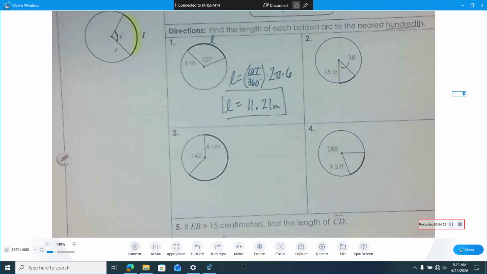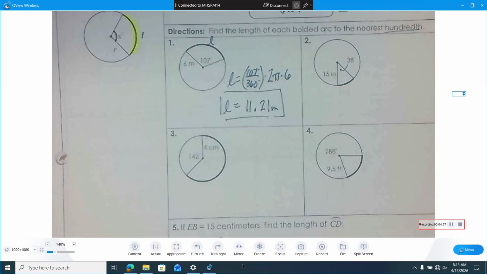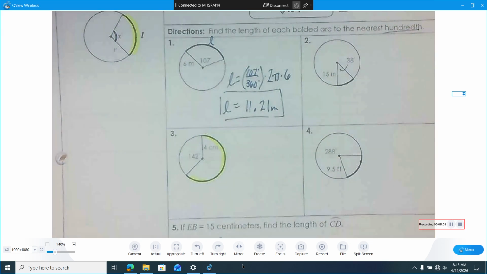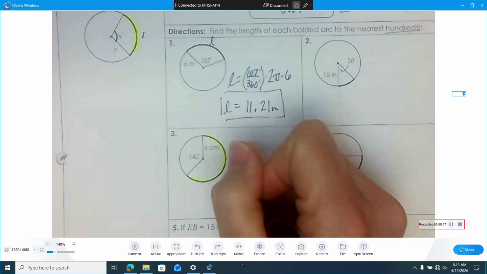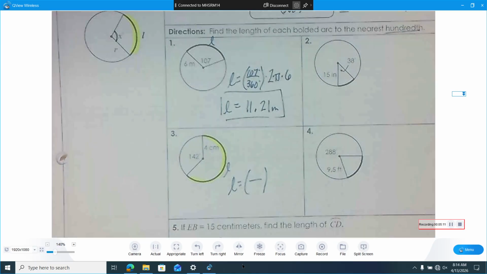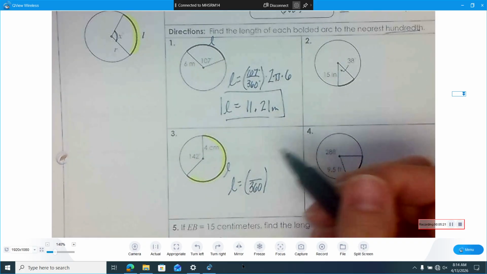All right, let's look at number 3. Again, we want this whole bolded arc right here, a big arc. That's a large fraction. So L equals what fraction are we looking at for this particular arc? 218 over 360. How'd you get 218?